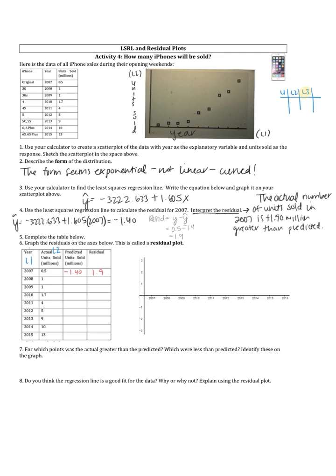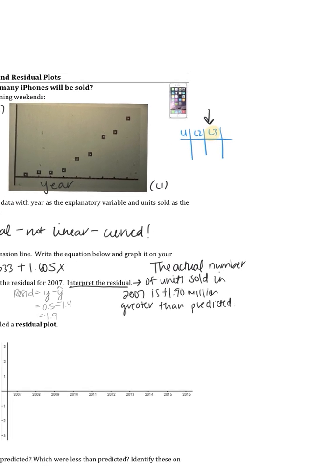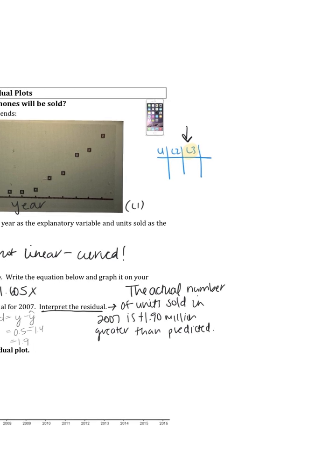And what you want to do is enter your equation, which is negative 3,222.63 plus 1.605. But instead of just looking at one x value, we want to plug every single x value in.